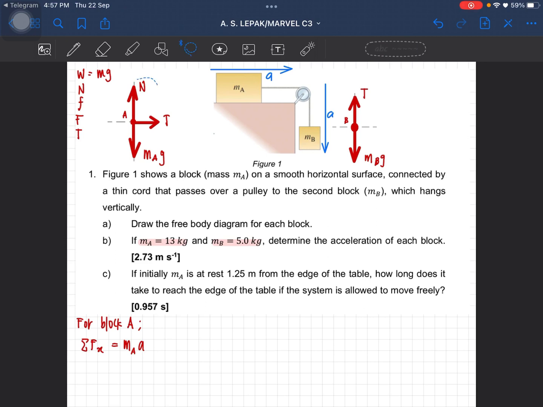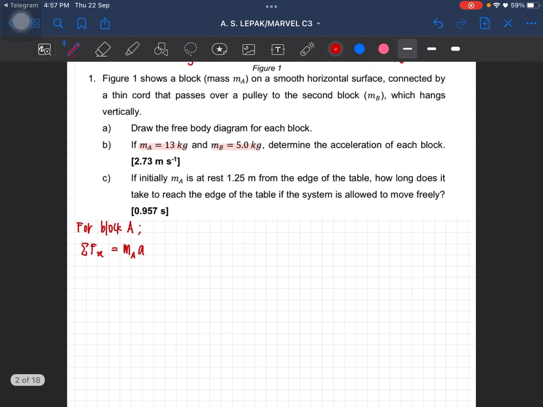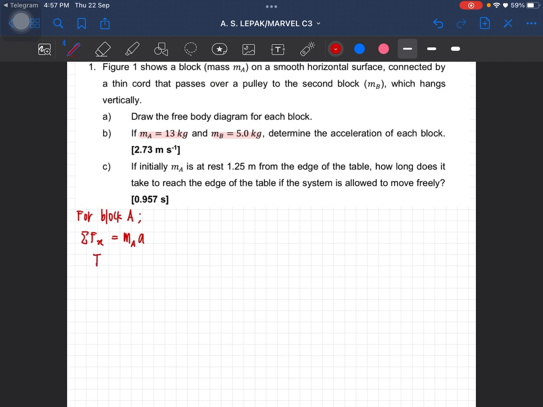Anything that follows the direction of acceleration, we would put as positive. If we look at this here, tension is following the direction of acceleration, so T will be positive. T equals m_A a. So this is your first equation.